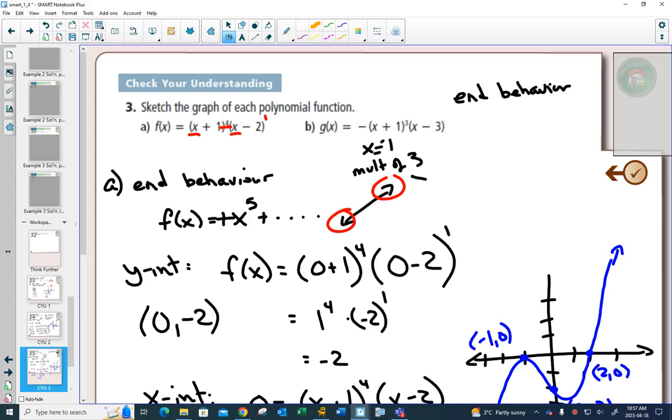And that will be a bend. For the end behavior, if you multiply this out, you're going to get x cubed times x. You're going to get an x to the 4, but with that negative, it'll be a negative x to the 4. So your end behavior is going to act like that.